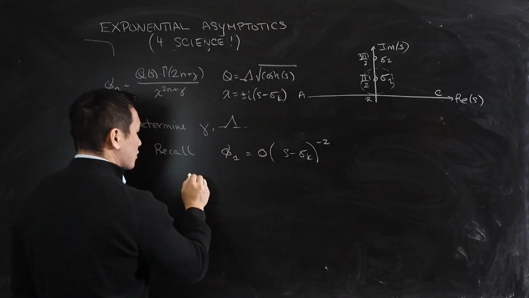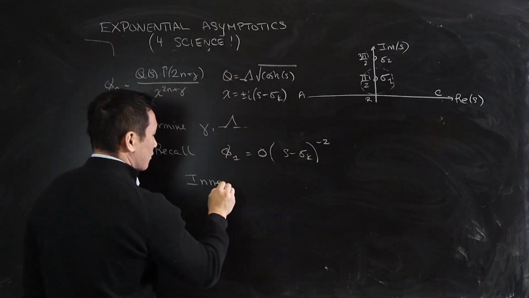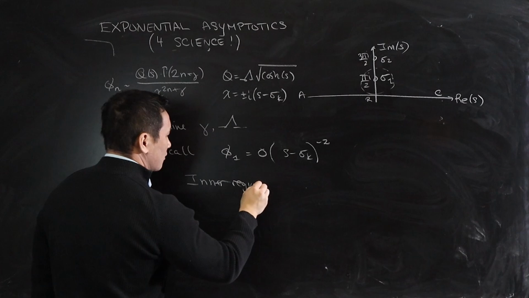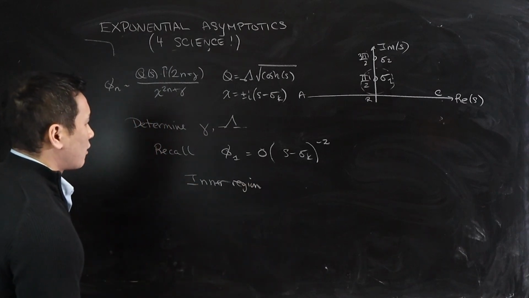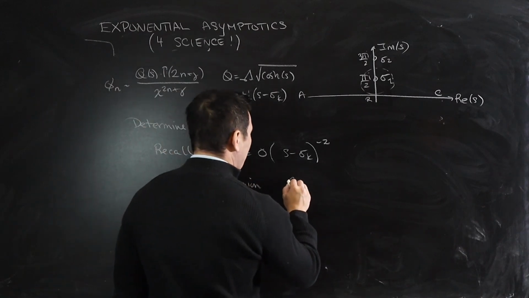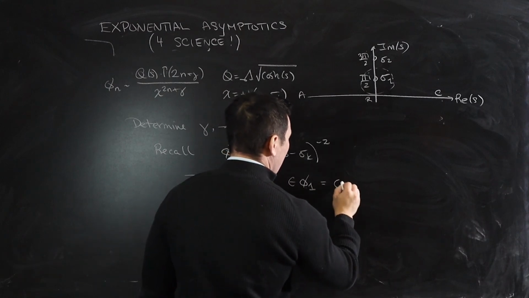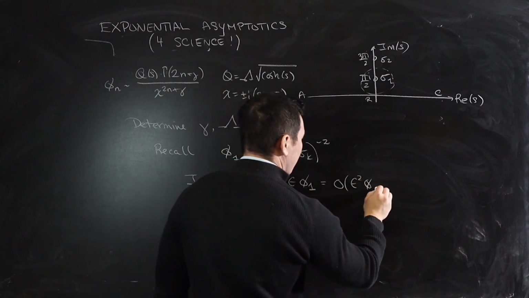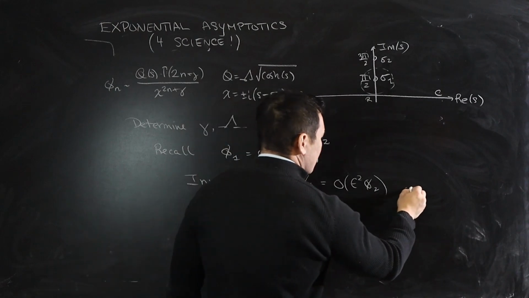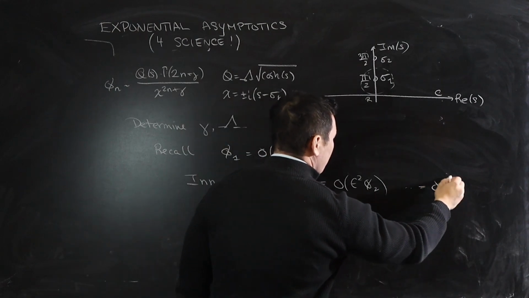So the inner region, for instance, is where epsilon times phi 1 is order epsilon squared times phi 2, etc., which is of order 1.